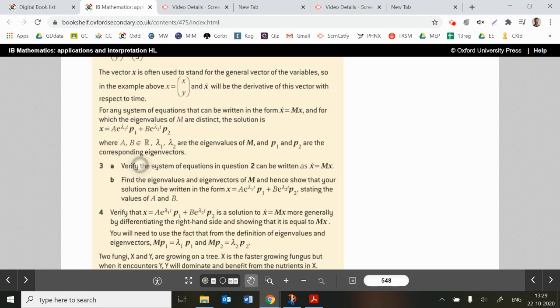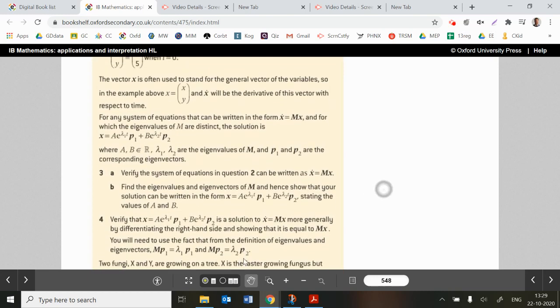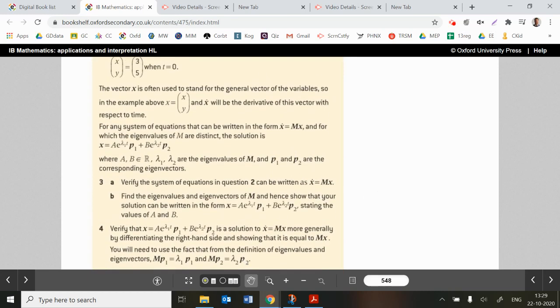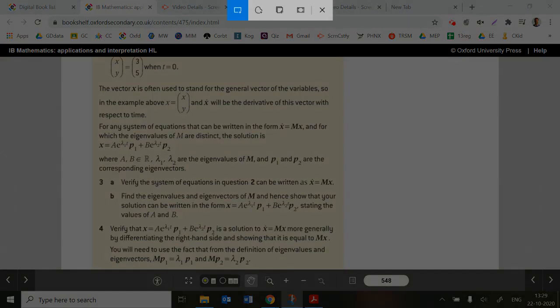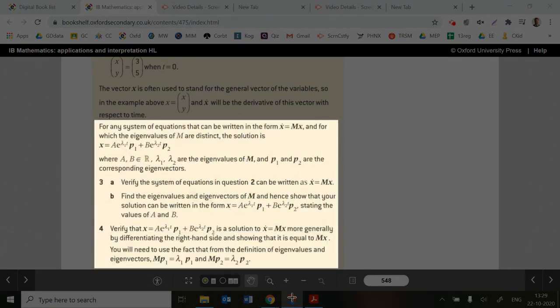Okay, so for part 3, it says verify the system of equations in question 2 can be written like this. Okay, right. So let's take all of this chunk here now. So just copy this one across. So let's take this down to here. That's essentially what we're working on now.